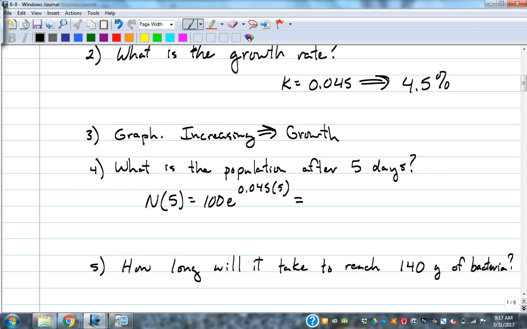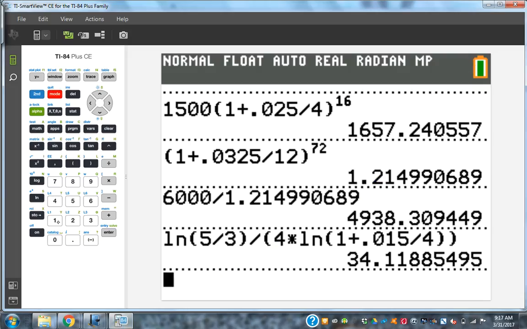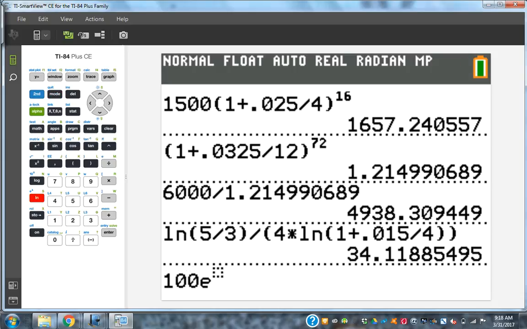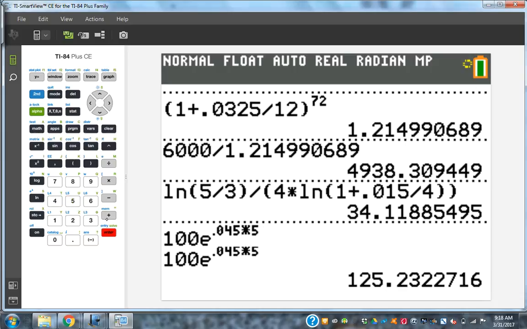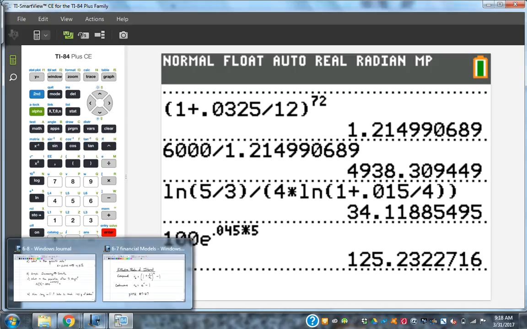You're just cranking out the number there. So 100 e to the 0.045 times 5. Round it to 2 decimal places: 125.23 grams.